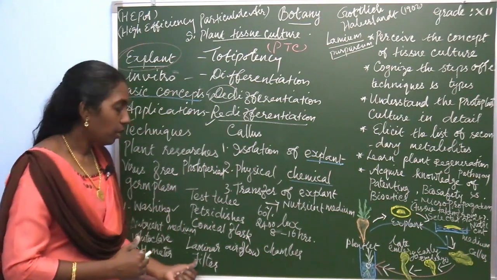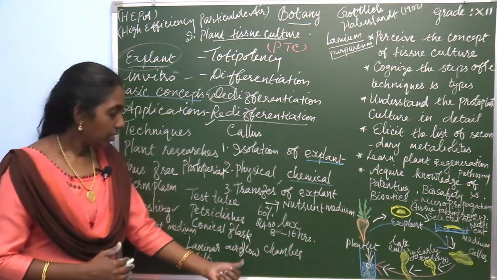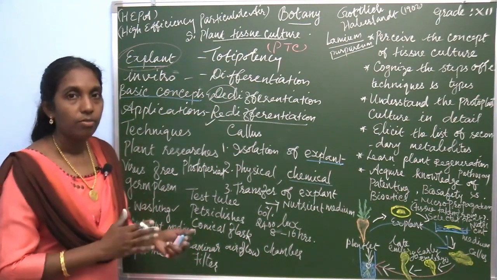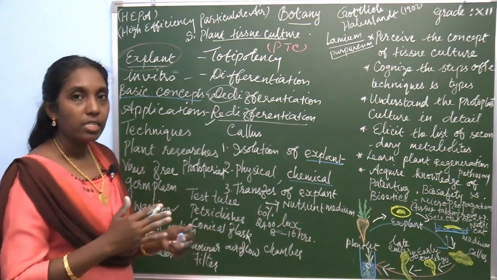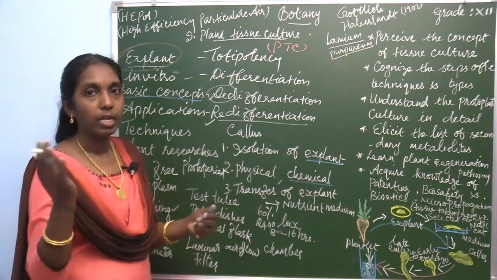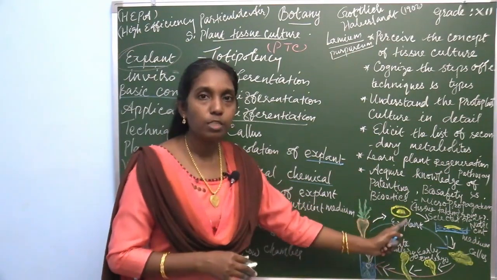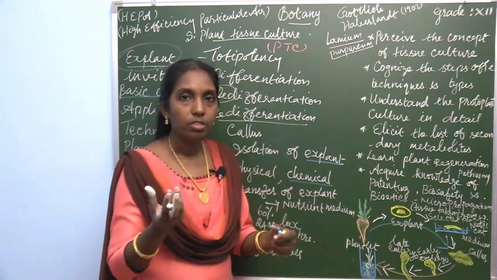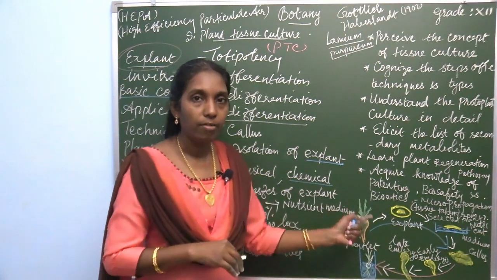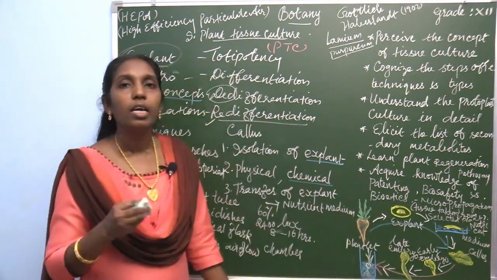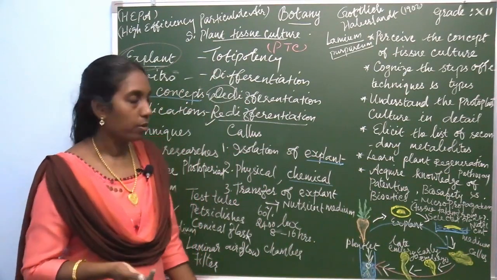Laminar airflow chamber or laminar airflow bench. It filters the unwanted air as well as microbes from the air. From the air also a lot of microbes can infect, because this explant or the cell or tissue which is chosen for developing into the entire organism easily gets spoiled by microbes.